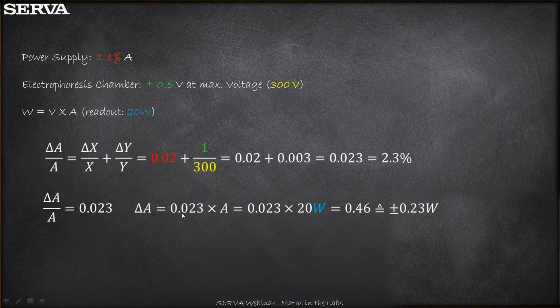So your delta A is the factor from here multiplied with 20 watts, and this would be 0.46. But this is the delta, so remember, your error would be in both directions again, so it's half in the plus and half in the minus, so it would be plus minus 0.23 watts. So the true value would lie between 19.77 and 20.23 watts, even though the power supply displays 20 watts only.